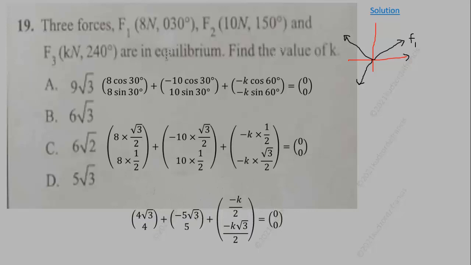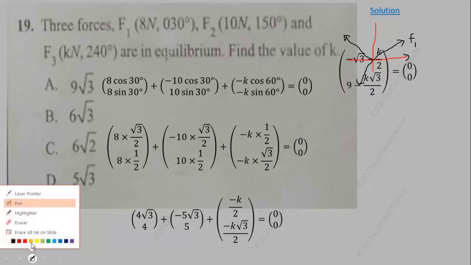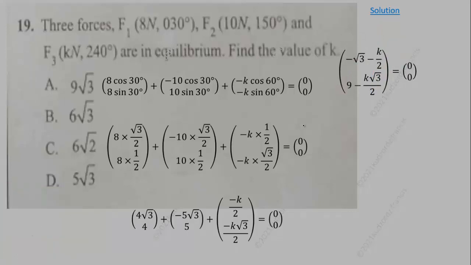Now we simplify on the left. If we simplify the x components, we get this. And if we simplify the y component, we get this. So we equate the corresponding components to 0.